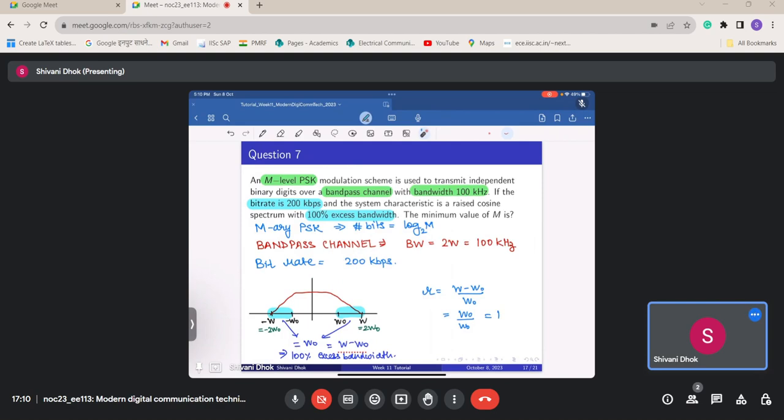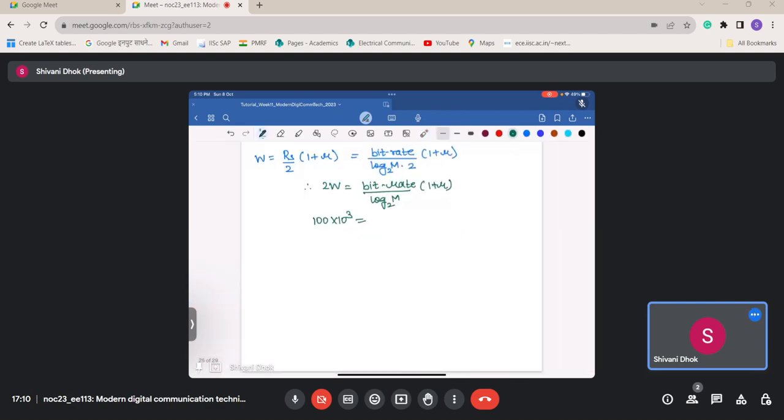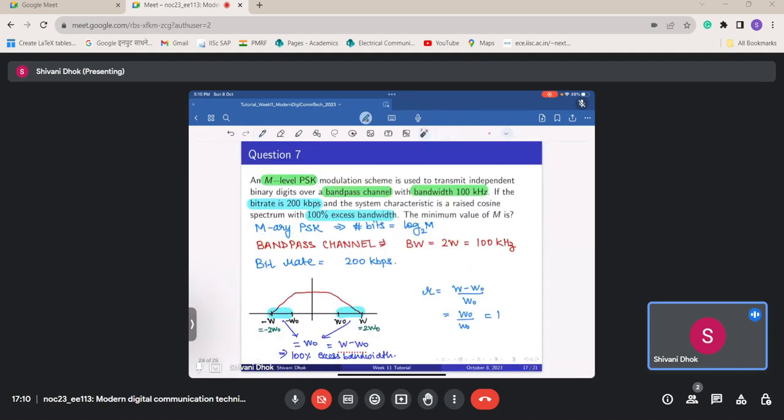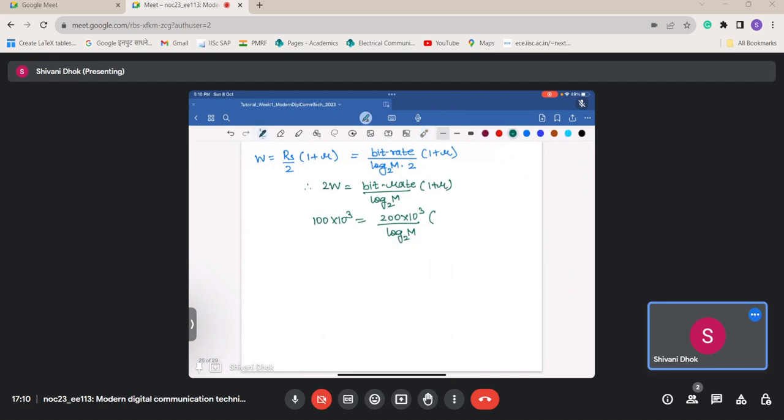So this I can write as 200 into 10 raised to 3 upon log m to the base 2 into 1 plus r, and we saw that this r, or the roll off factor, is equal to 1. So this is equal to 1 plus 1. Okay, so now I can cancel out this 10 raised to 3.